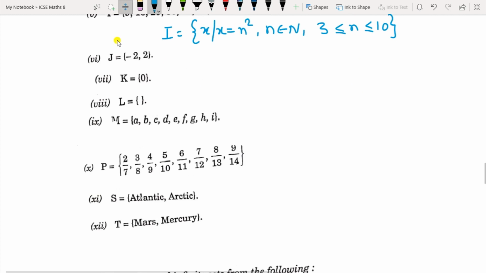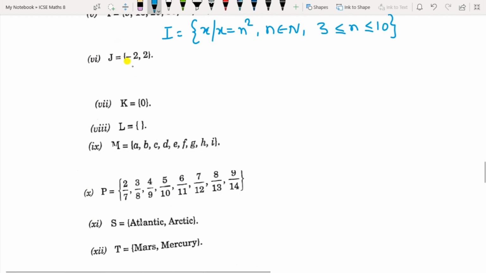Then the next one is J. So J equal to minus 2 and 2. Minus 2 means integer is given. So it is x such that x belongs to integer, that is Z, and x square equal to 4. If you do the square of both these numbers, you get the answer as 4.